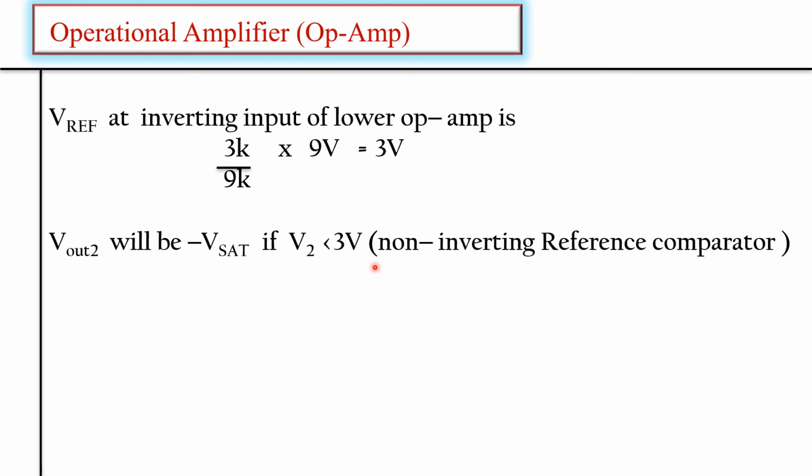So if the voltage is less than 3 volt at the reference comparator, then Vout2 will be minus Vsat. Here we have found out when the output voltage will be Vsat and when it will be minus Vsat. Very easy problem for 3 marks.